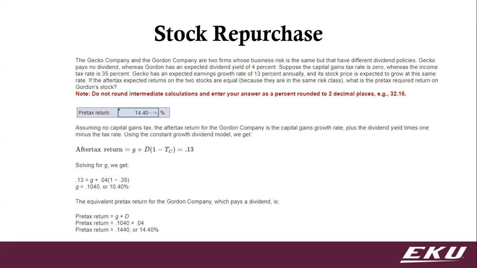But yeah, feel free to pause that and read through it as necessary. We just have a dividend yield of 4%, and then you're going to calculate what the growth rate of the firm is, and then by adding those together, you can come up with the pre-tax return.